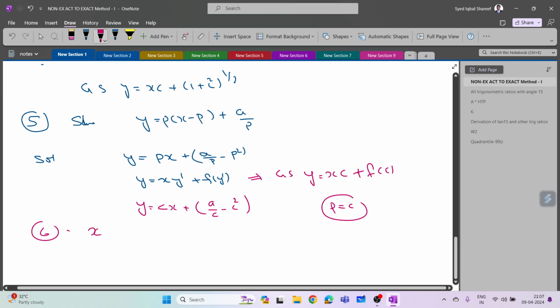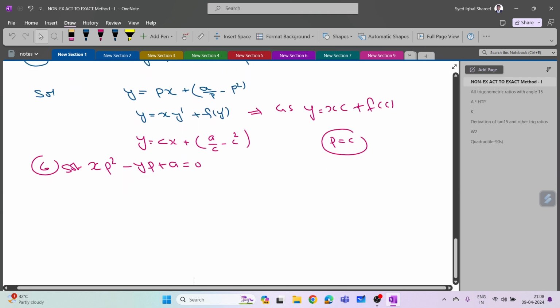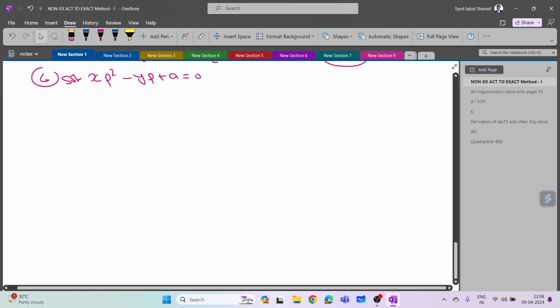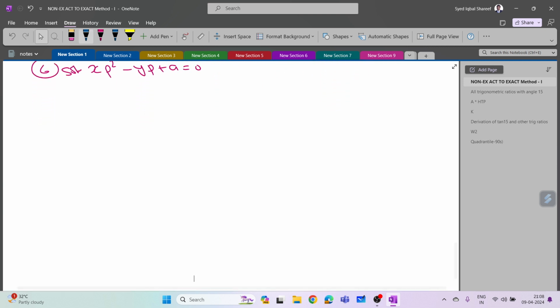Suppose the equation is, solve xp square minus yp plus a equal to 0. We have to solve this equation. So I am writing yp equal to a plus xp square.